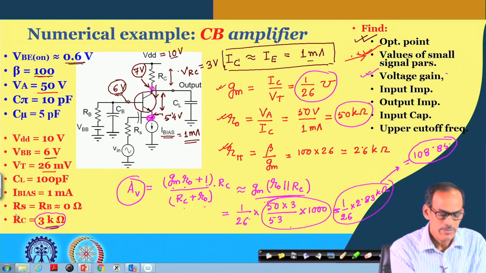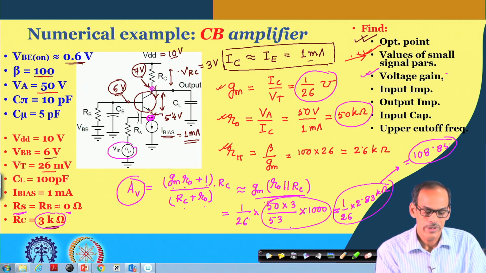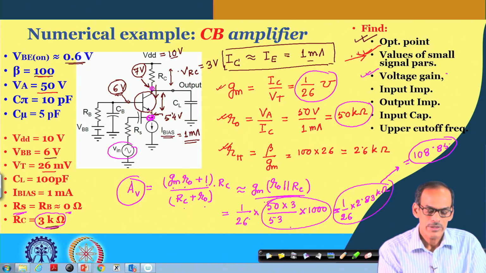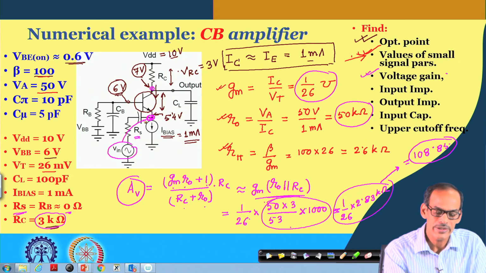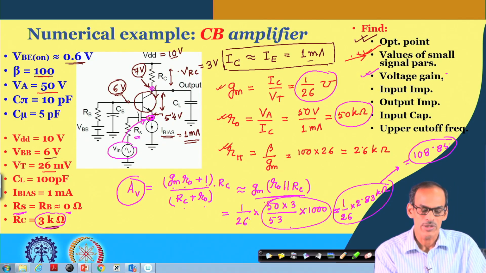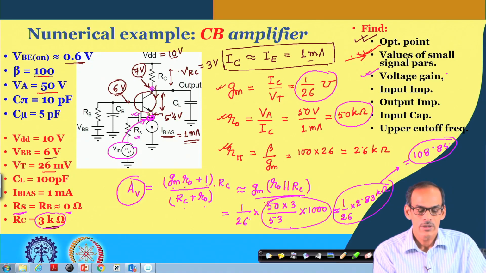Note that in this example, we are considering that R s is equal to 0. So, whatever input voltage you are applying here, even though this circuit has very low input resistance, since this R s we are considering is very small, we can say that almost the entire signal is reaching the emitter, assuming of course this capacitor is successfully allowing the signal to come to the emitter.